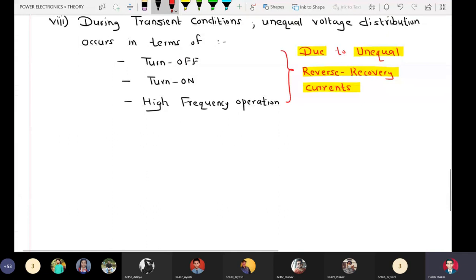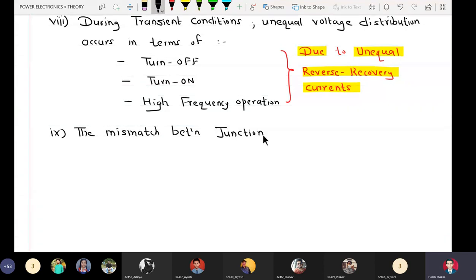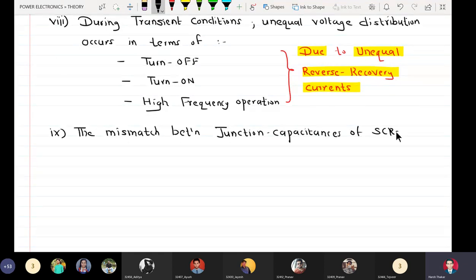The mismatch between the SCRs is compensated by the shunt capacitance C.